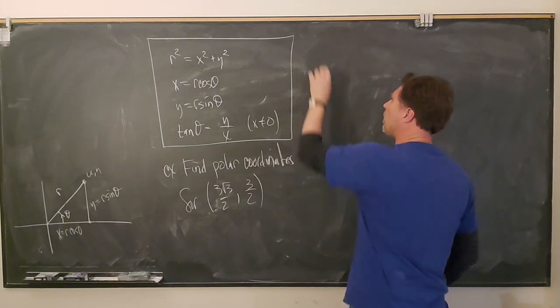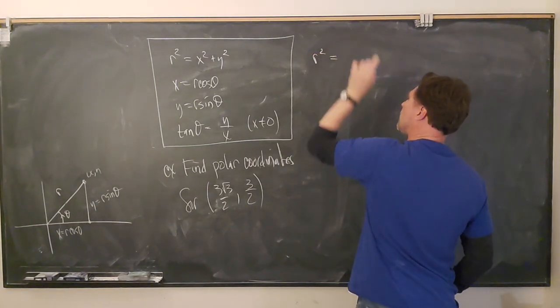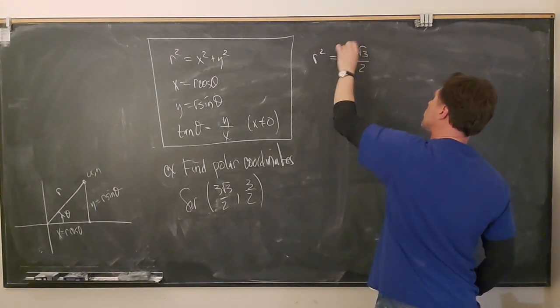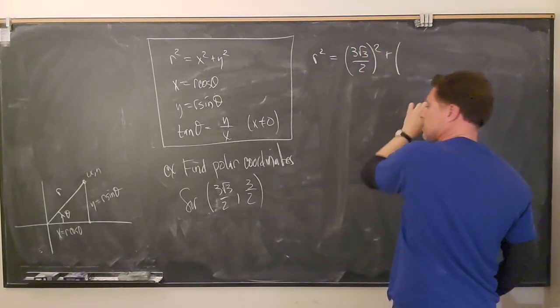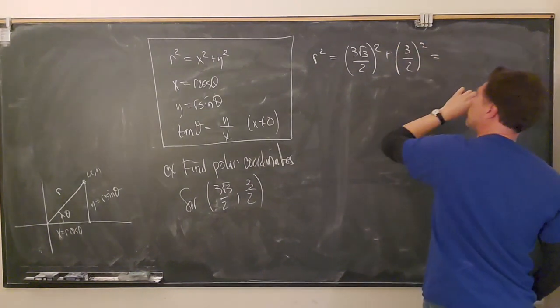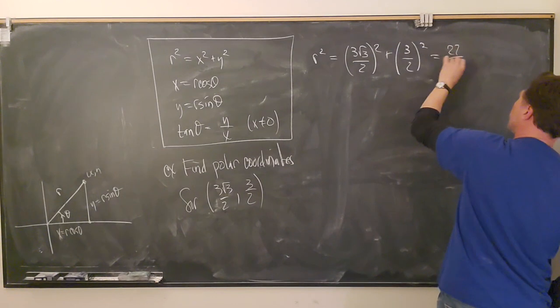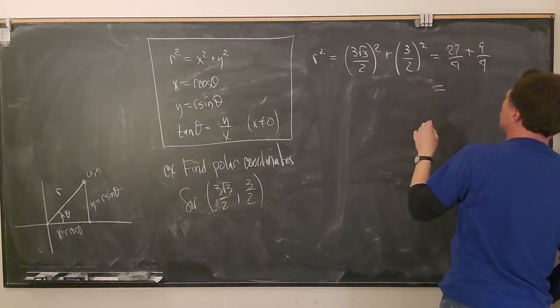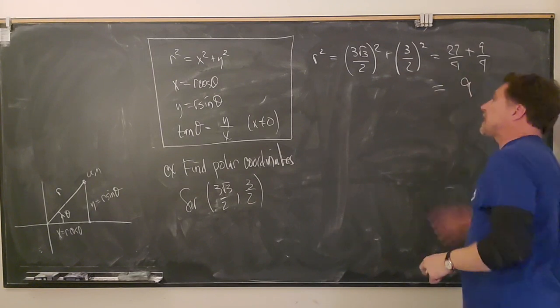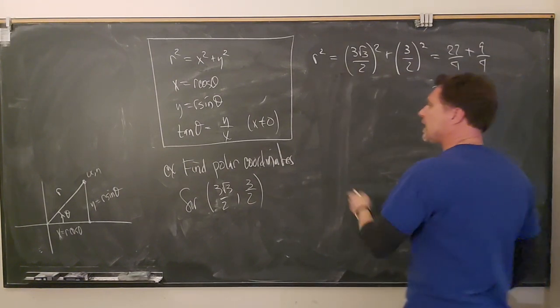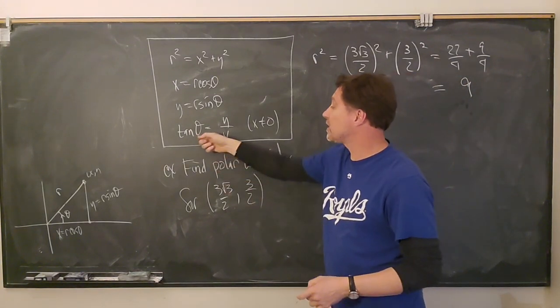So first, to find r, let's use that top equation. So r squared equals 3 root 3 over 2 squared plus 3 halves squared. So that's going to be 27 fourths plus 9 fourths, 36 fourths, which is 9. So that tells us that r could be plus or minus 3. Now, to find theta, I can use this last equation.